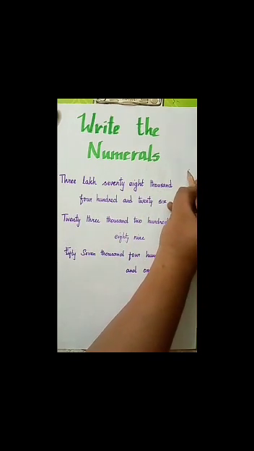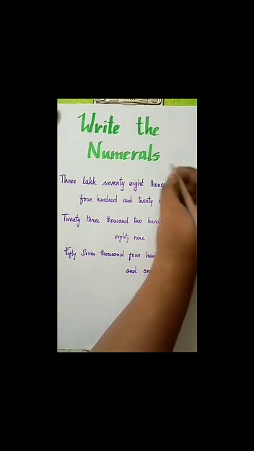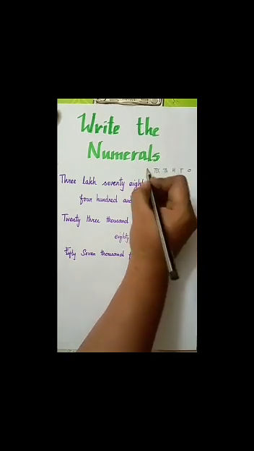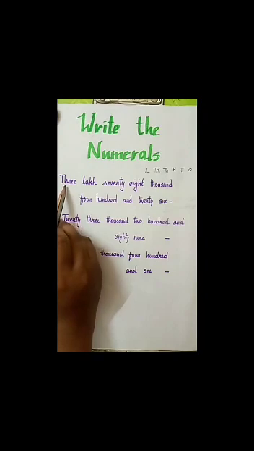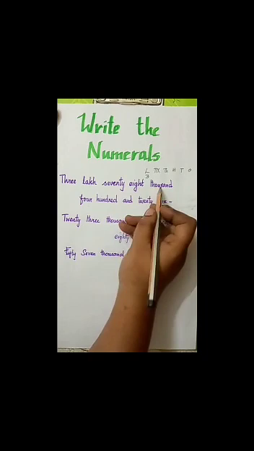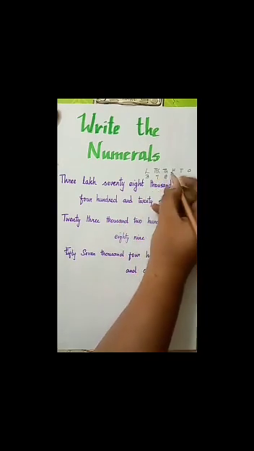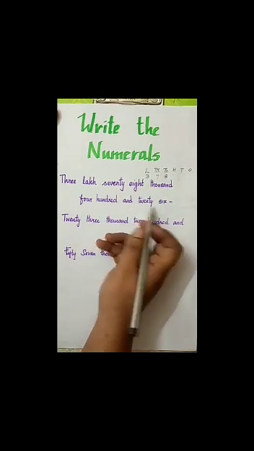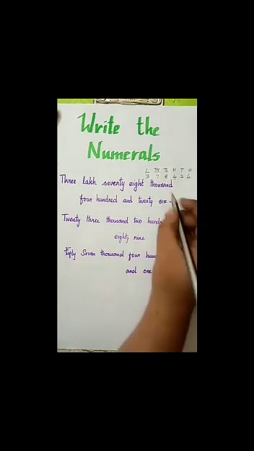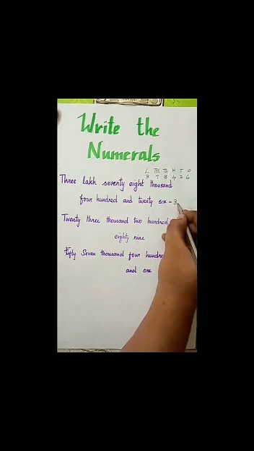So, ones, tens, hundreds, thousand, ten thousand, lakh. Here 3,78,426. The answer is 3,78,426.